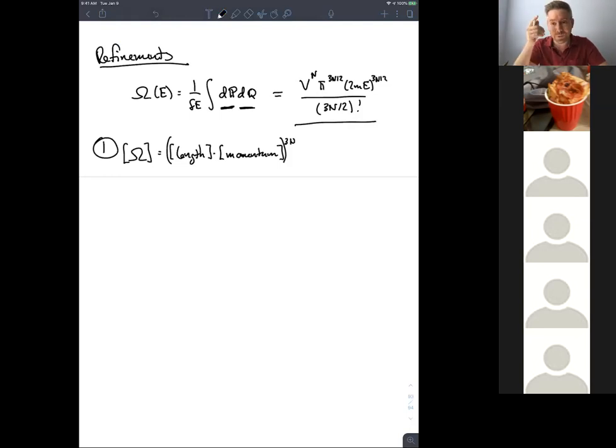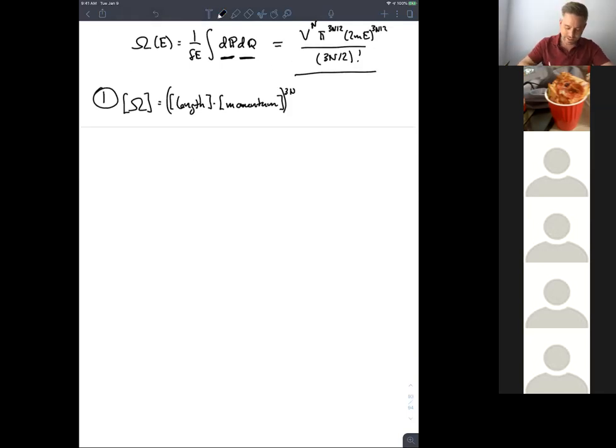Okay, and so what we want to do is essentially to take this expression that we have been using and divide it by some constant, which also has units of length and momentum, such that we can give ourselves a dimensionless density of states. So now you flip through all of your fundamental physics constants, and you see which ones have units of length times momentum.